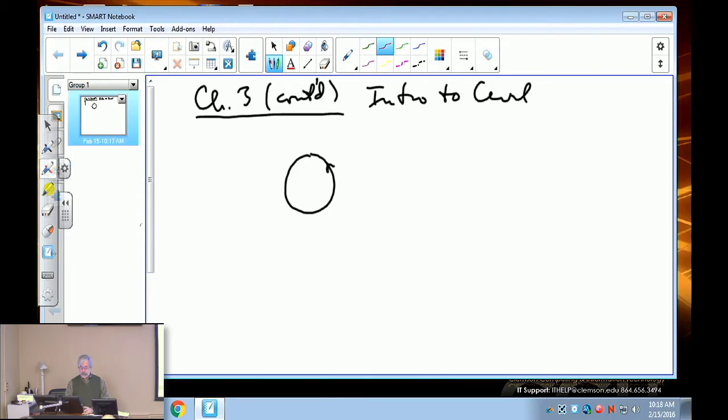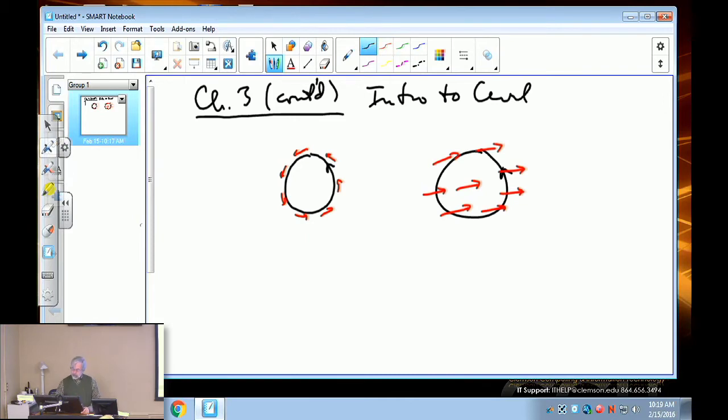So in other words, if I have some kind of vector field like this, I would say that vector field is following parallel to that loop all the way around. Whereas if I had another vector field that might do this, I would say that that vector field really is not following that loop, right? It's just independent.